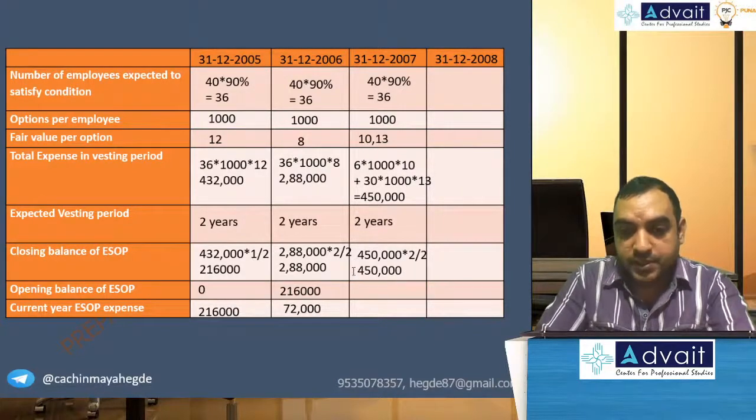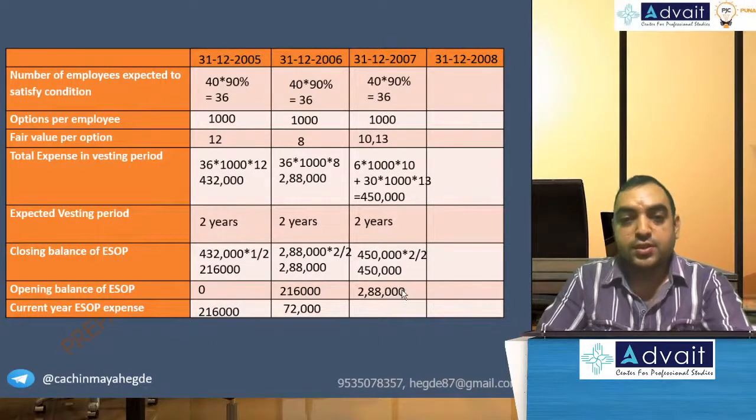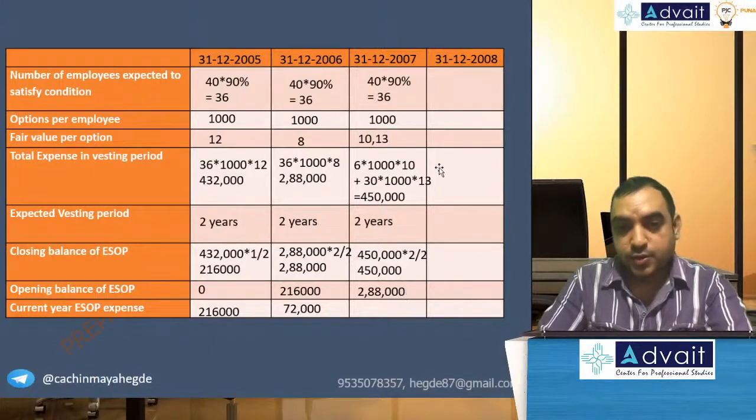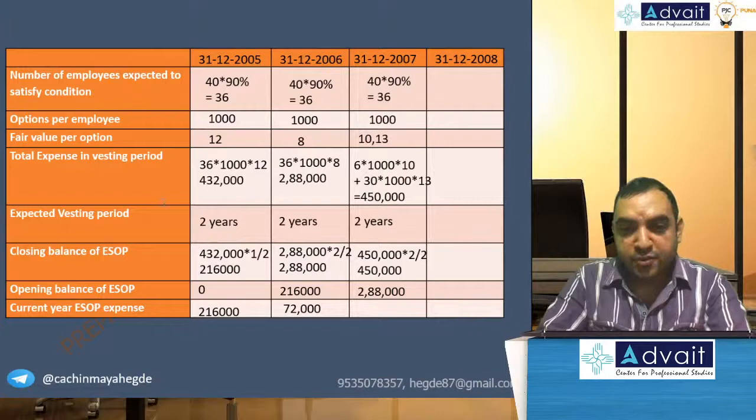Opening balance is previous year closing balance, which is 2,88,000. And please tell me the difference. 4,50,000 minus 2,88,000. What is the difference, my dear friends? 1 lakh something. Can you give me the difference? 4,50,000 minus 2,88,000. 1,62,000.